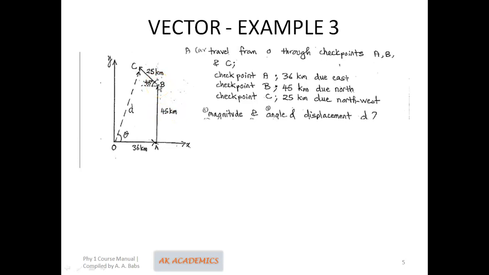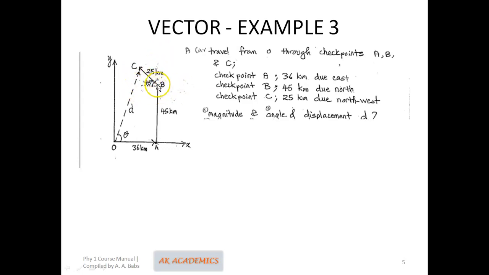And then checkpoint C, they said due northwest. Now, this is very important. Whenever you hear the term northwest and no specific angle is given, what you assume is that northwest will be 45 degrees between the north and the west. We have 25 kilometers due northwest. So from this particular point, if you have our cardinal points drawn like this, northwest will be somewhere between north and west.